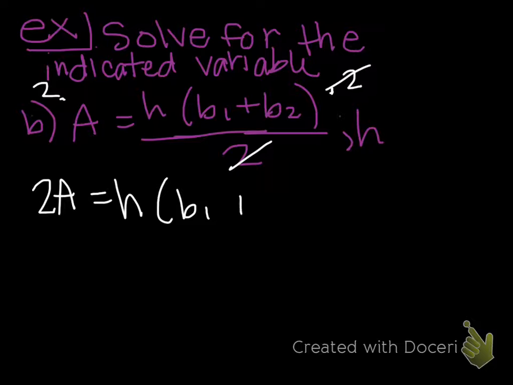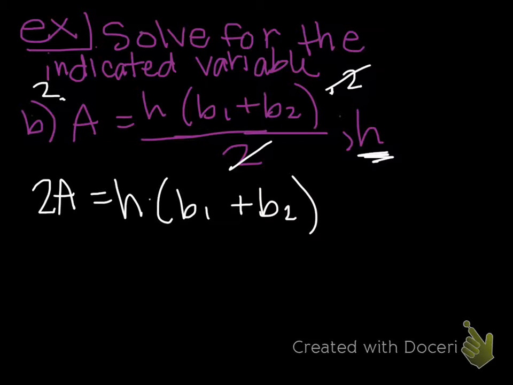Now I'm left with all of this h times the quantity b1 plus b2. And most of you are probably saying, oh well, we should be distributing the h in. The problem is if I want to solve for h, I want to get h by itself. If I distribute h in, now I have h in two places and I've made it more difficult. So instead of distributing in, you notice that there's a multiplication between h and this quantity.